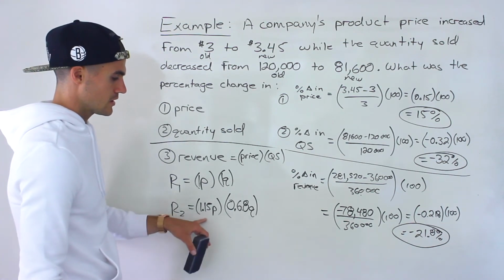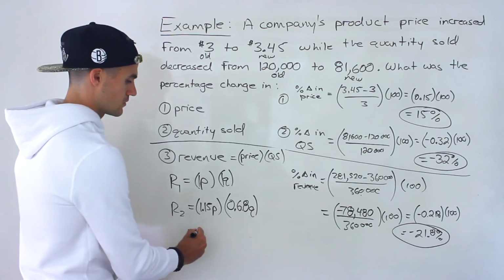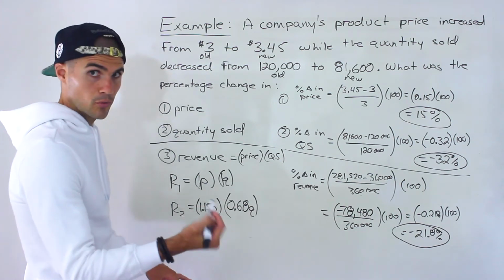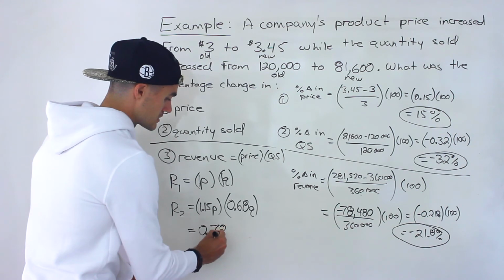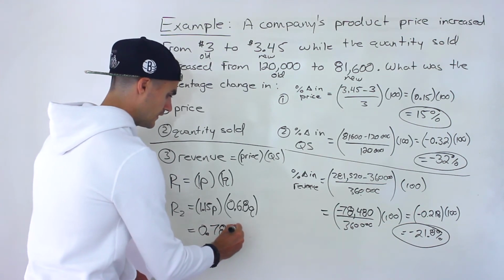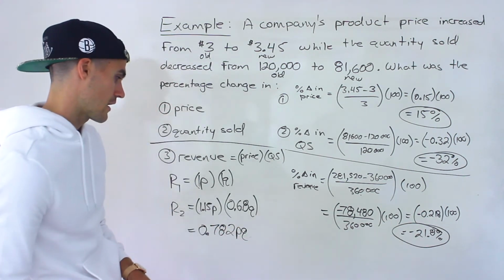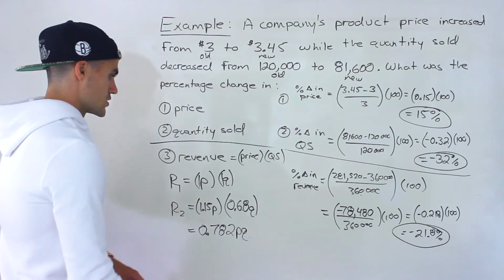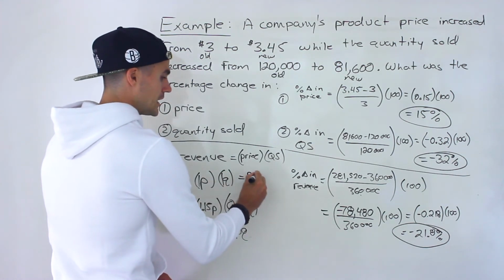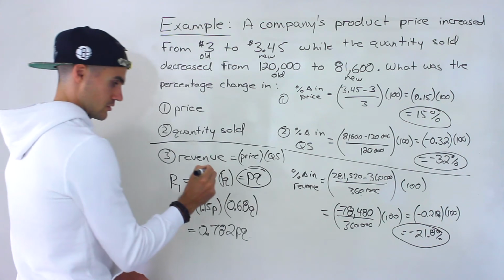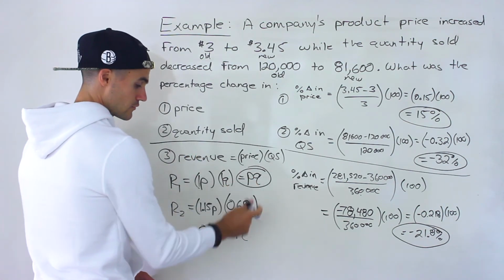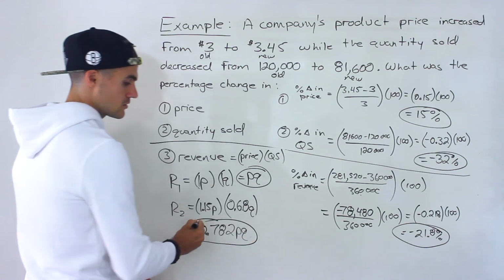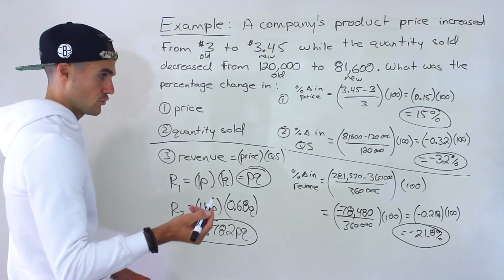And then these two here, we can simplify this. What's 1.15 times 0.68? That would give us 0.782. And then we have PQ, like that. So PQ is the initial revenue, 0.782 PQ is the new revenue.